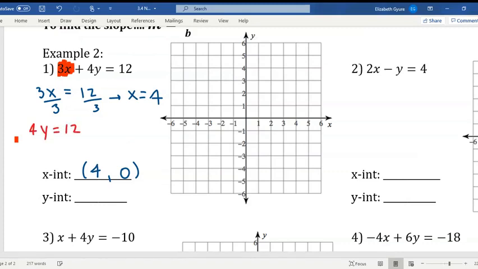What would you then do to solve for y? Divide by 4. And what's 12 divided by 4? 3. So then your y-intercept would be 3. X was 0 because we covered it up, and then y is 3. And that's a parenthesis, not a 10. It's like glitching out again.